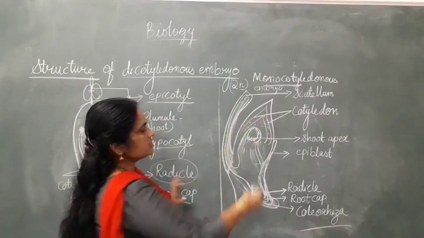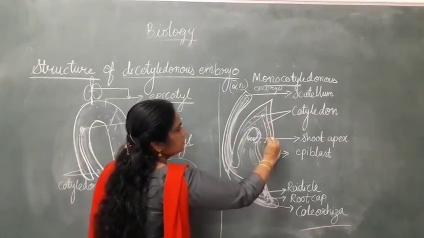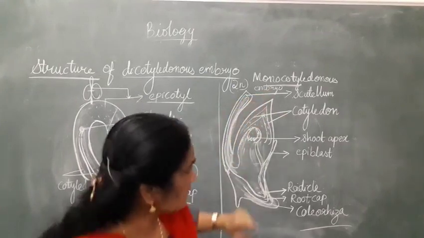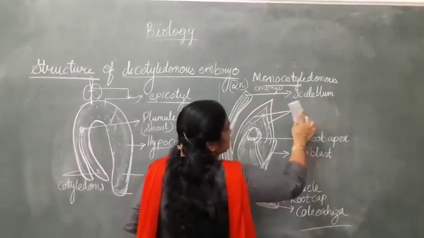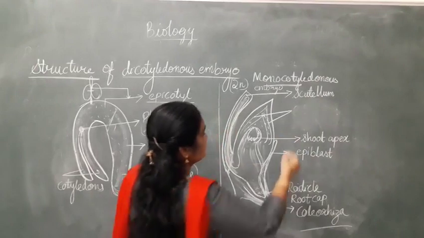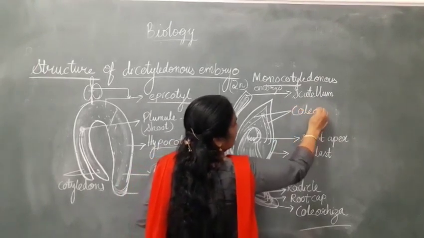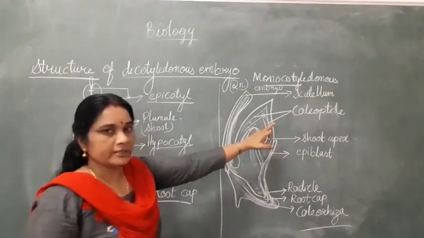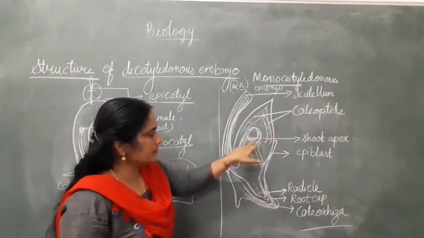And then you can see here, this whole thing is known as coleoptile. So what is coleoptile? Coleoptile covers the shoot apex.